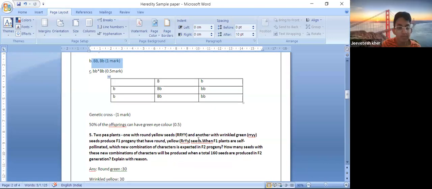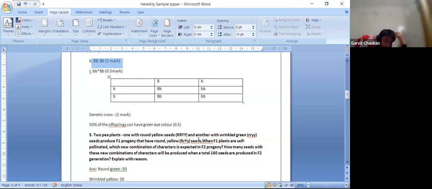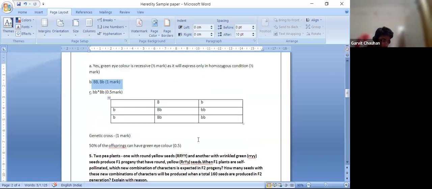Is this question clear? Ma'am, for the first generation, the result will be capital B small b, right? First generation offspring?